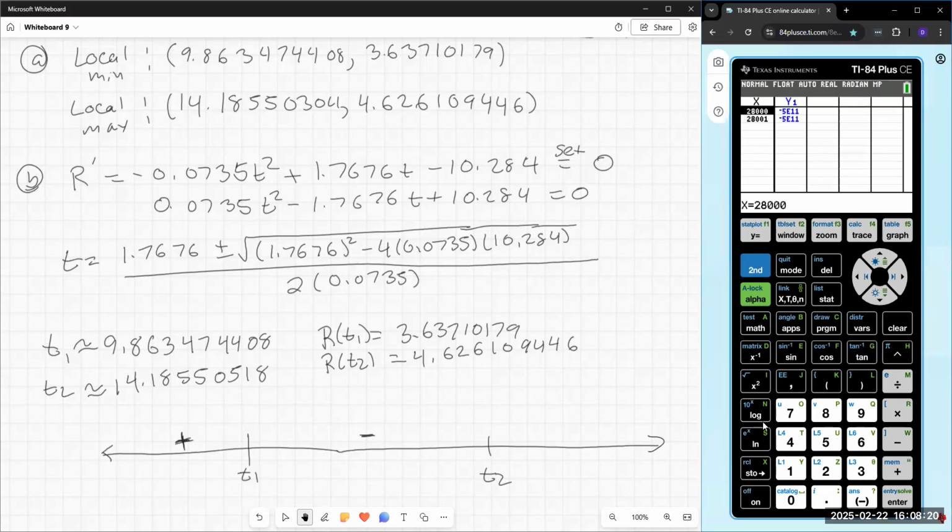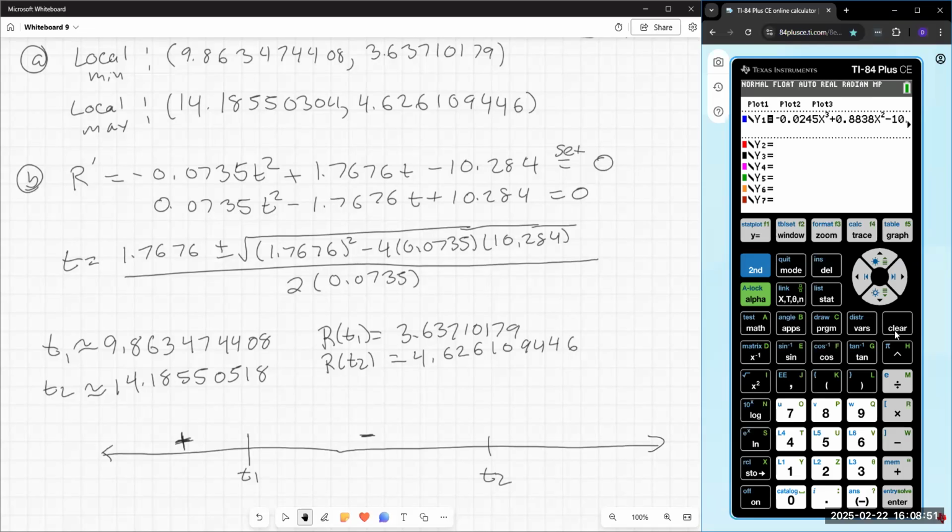Second table, we have 0, and then 10, and then 15. And you can see the sign pattern. Let me stick R prime in there instead of R.